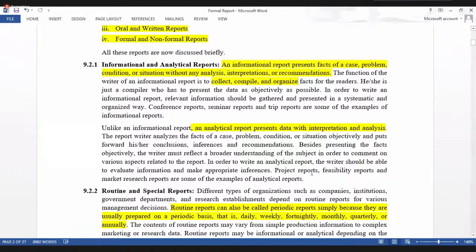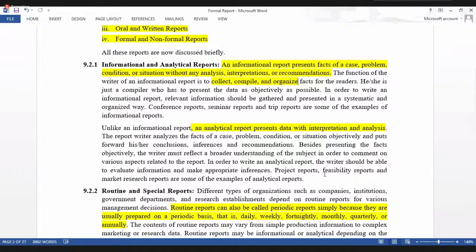So project reports, feasibility reports, and market research reports are some of the examples of analytical reports. Research report is an analytical report. Then project report, that is, if you prepare a small report for a certain project.